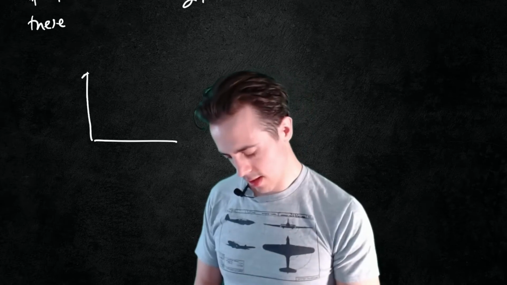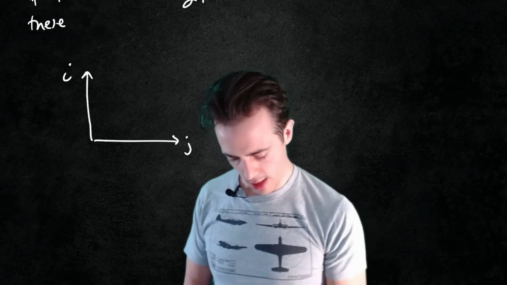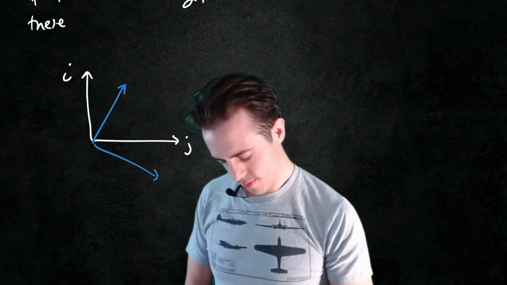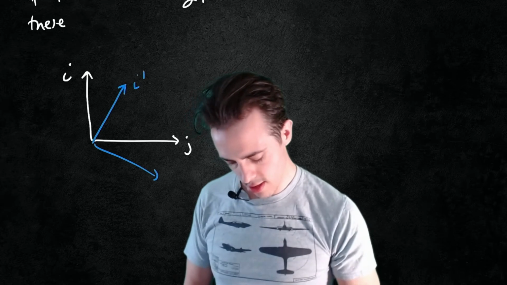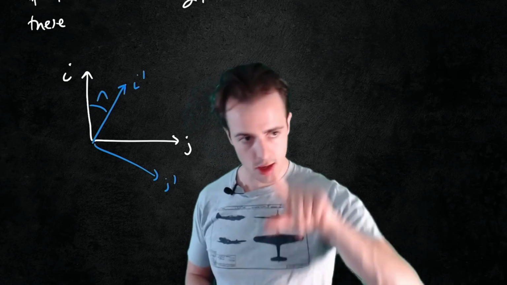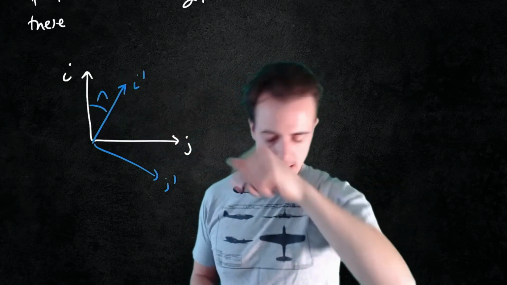If I've got my unswept basis vectors i and j, and I've got my swept basis vectors i prime and j prime, it's really important that you get the right signs on these. Okay, so we've got i, j, k must be going into the page. Positive rotation is defined around here.